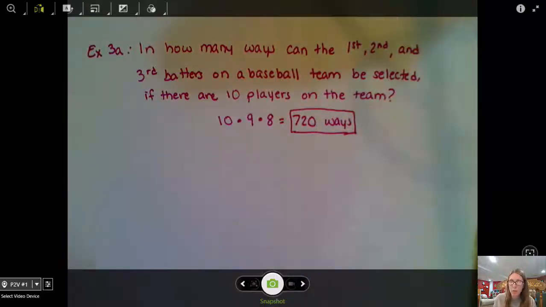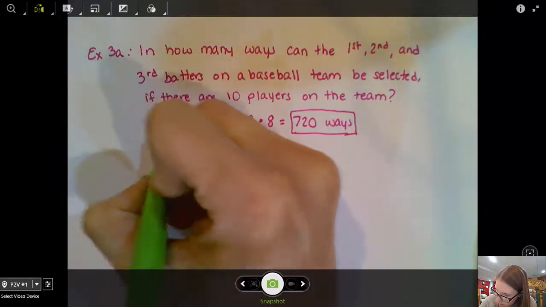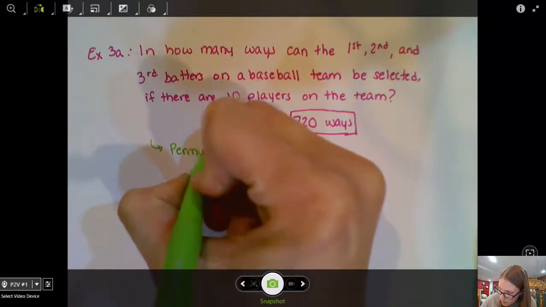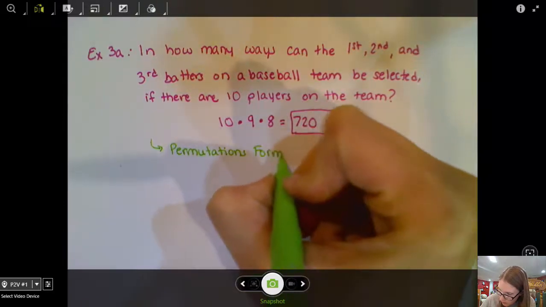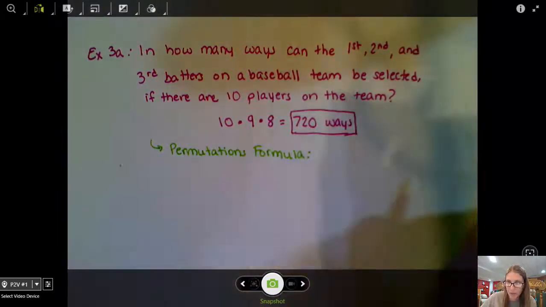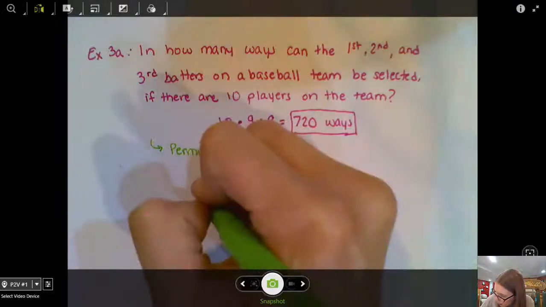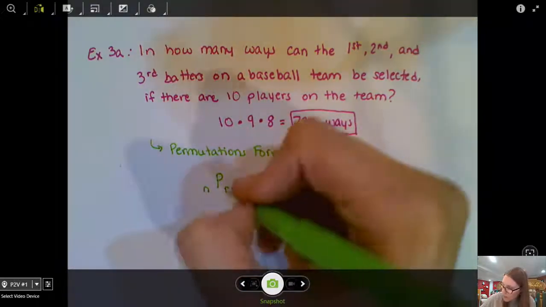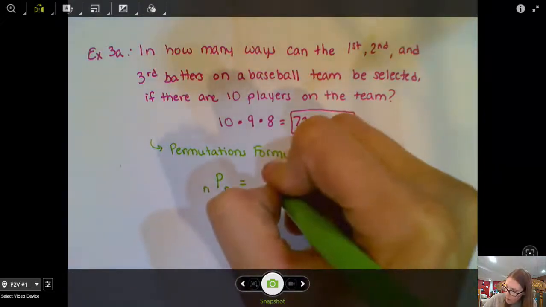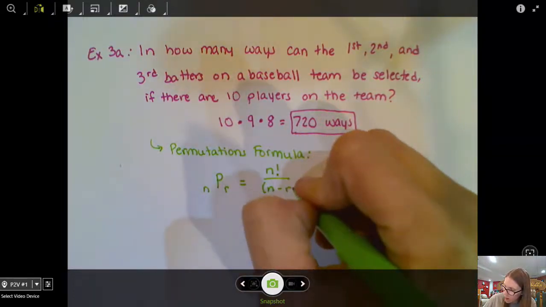This actually leads us to a formula for permutations. Okay, our formula has capital P, and then we have a subscript N and a subscript R on either side. And our formula equals N factorial over N minus R factorial.